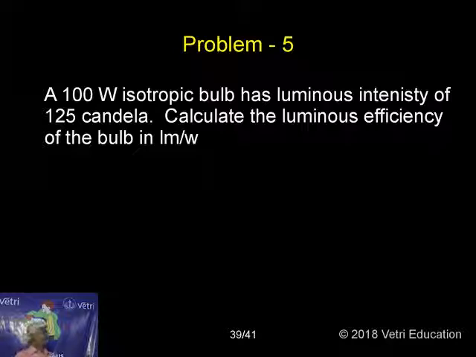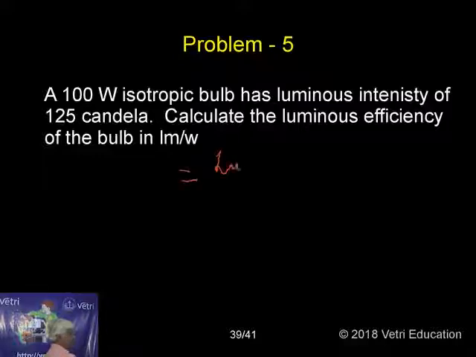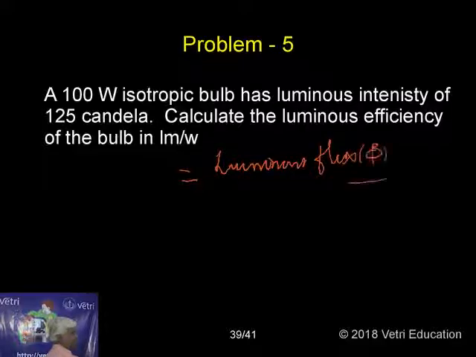A 100 watt isotropic bulb has a luminous intensity of 125 candela. Calculate the luminous efficiency of the bulb. Just now I have given the formula: luminous efficiency is always equal to luminous flux, that is phi, divided by input power. What is the power?